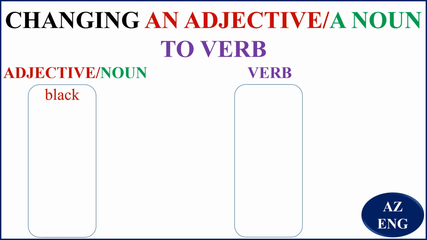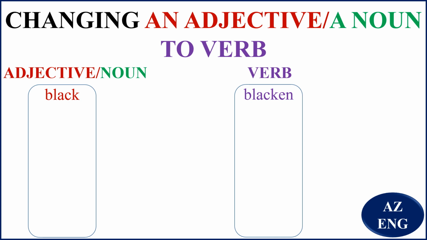It's very simple. You just say blacken. So if I say blacken something, I mean you should make it black. I can even also say the thing blackens. That is, the thing becomes black.